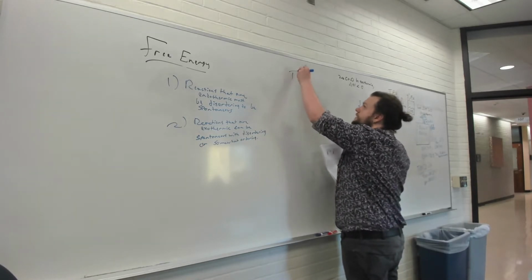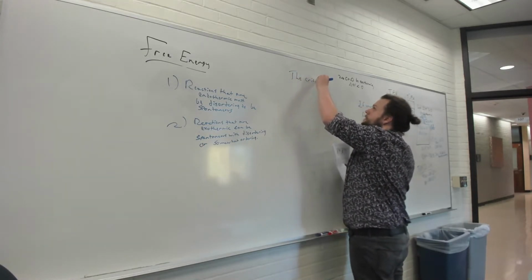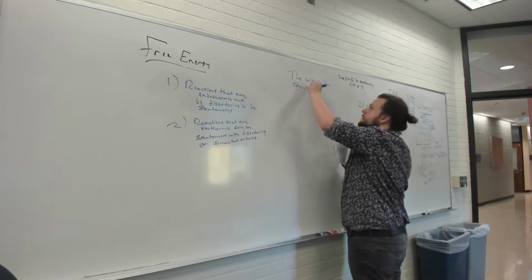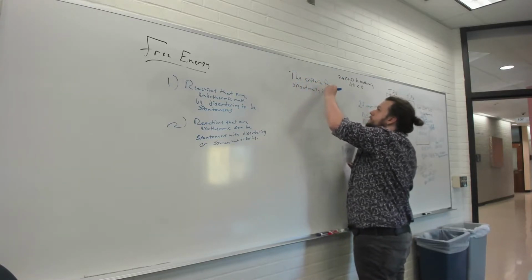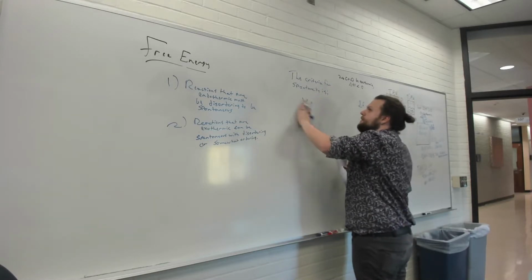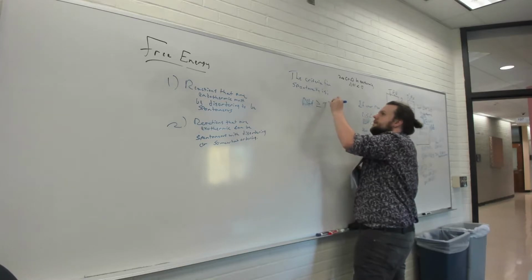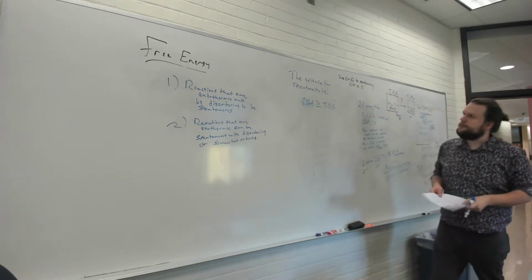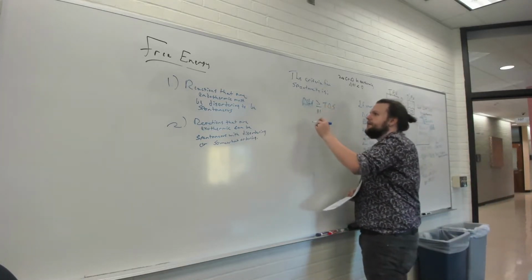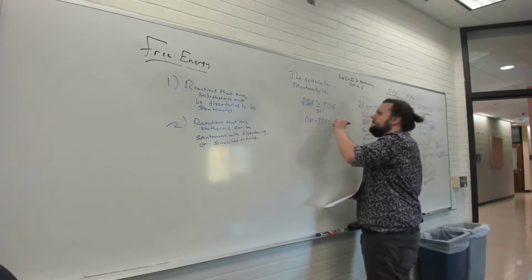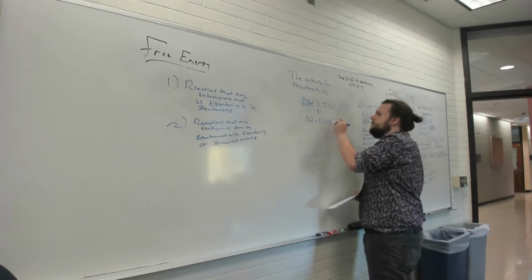Again, the criteria for spontaneity is that the change in entropy, I'm just going to write it in big deltas instead, is greater than the entropic cost of the reaction. And by algebra, this is equivalent to delta H minus T delta S is less than or equal to 0.